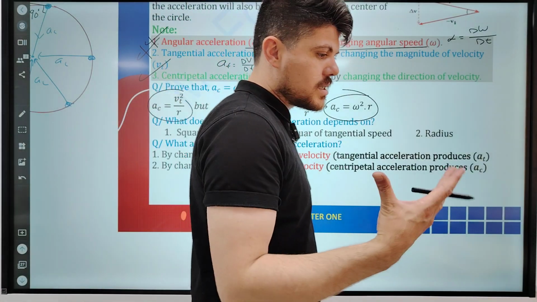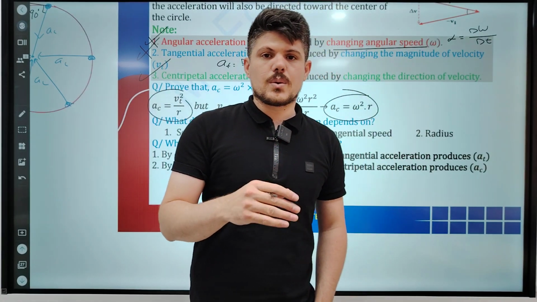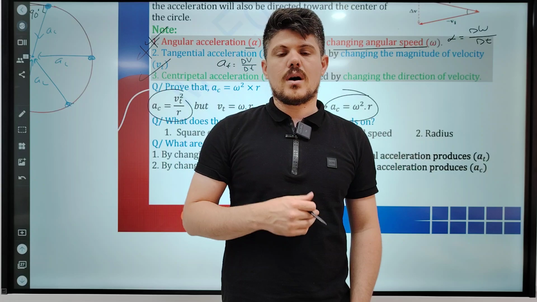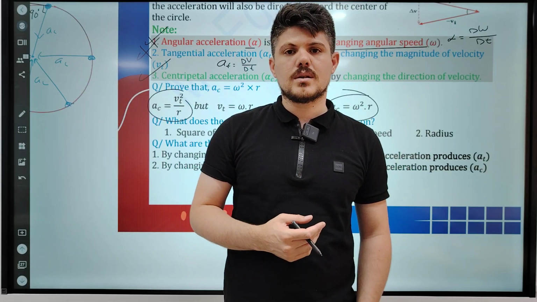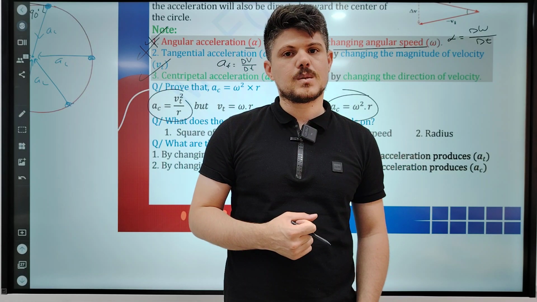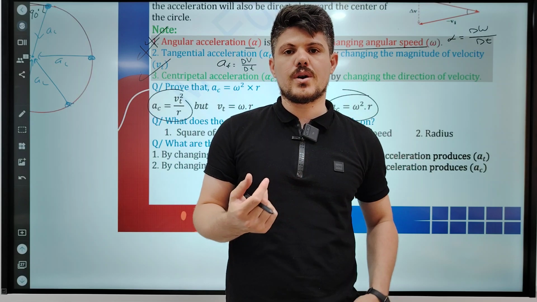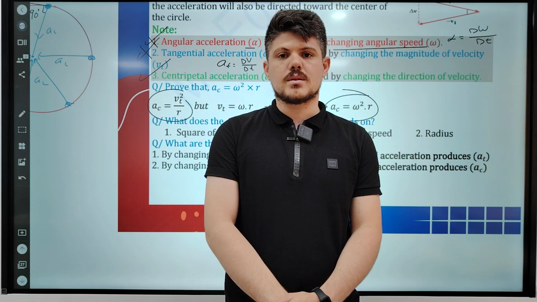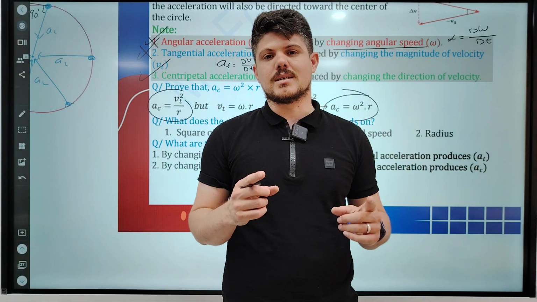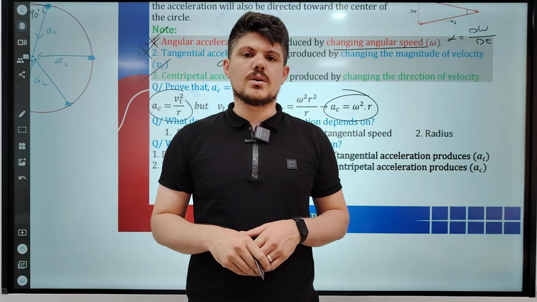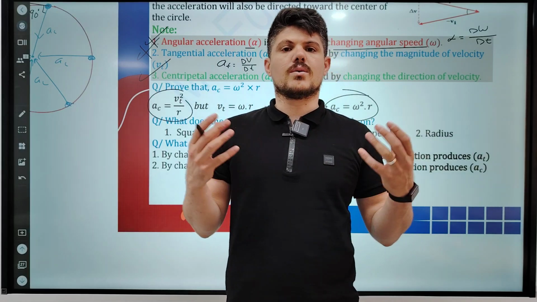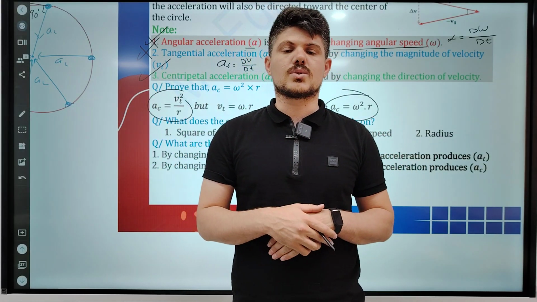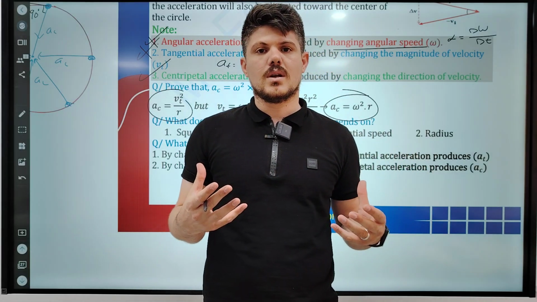Okay, so let me ask you a question. For example, when you are sitting in class or at home, are you accelerated or not? Do you have acceleration when you are sitting on the chair, when you are at rest? Absolutely yes. Why? Because, as you know, we are on the earth and the earth is rotating around itself.